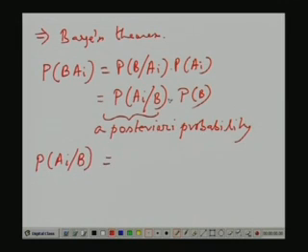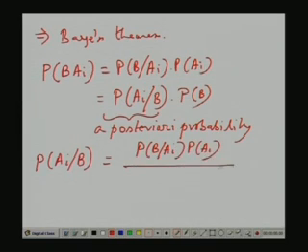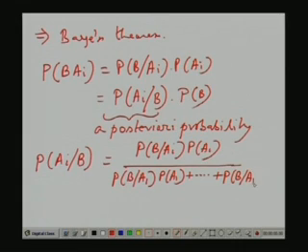That is, I take this below this, divided by P(B), and P(B) is nothing but what we obtained last time for the total probability P(B), that is, let me say, it is this.